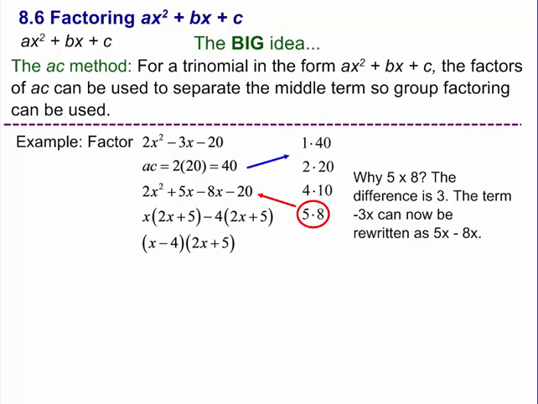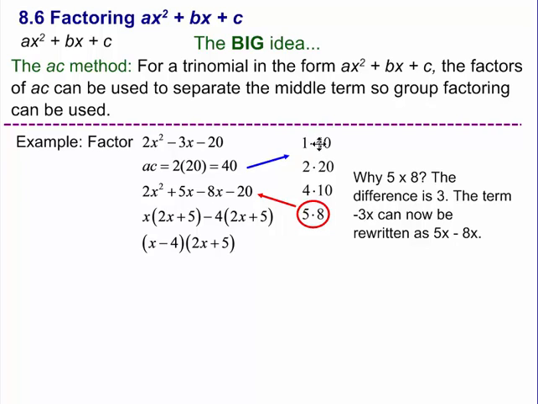When you're using the AC method, here, for example, I have a 2 in front of x squared. I cannot just take the factors of 20 that add together to give me 3. It does not work like that. What I need to do is multiply a and c, 2 and 20, and I get 40.